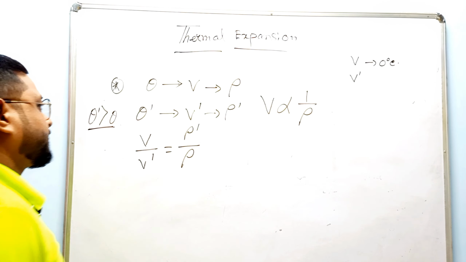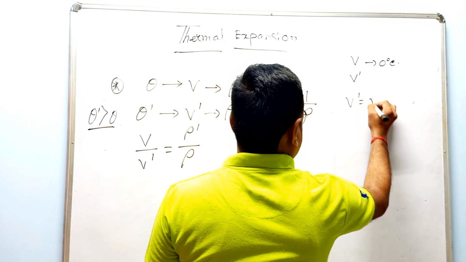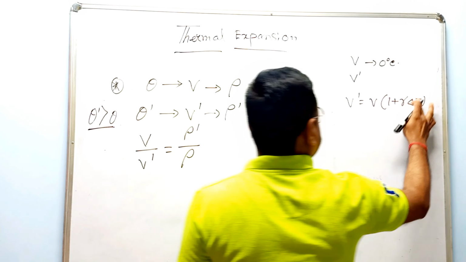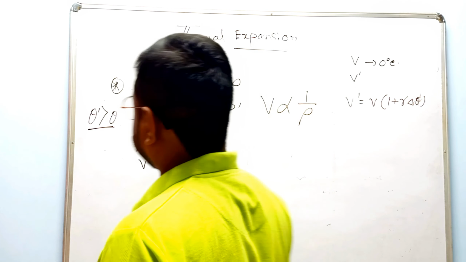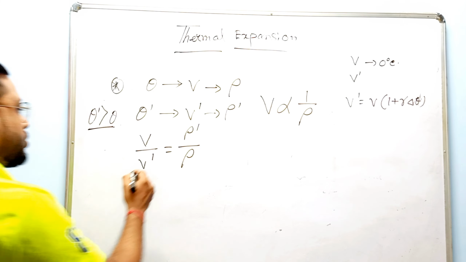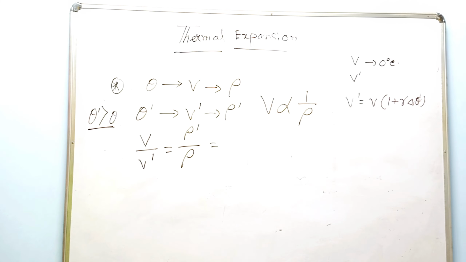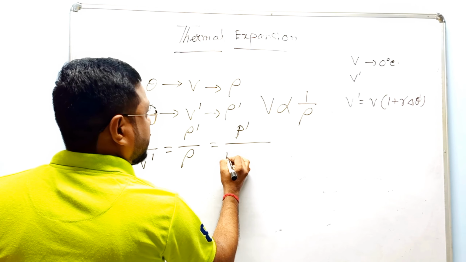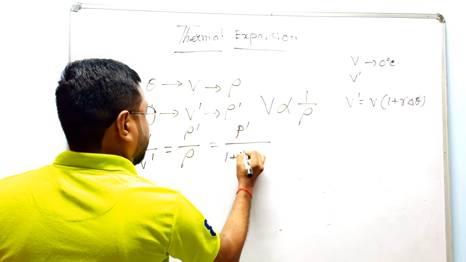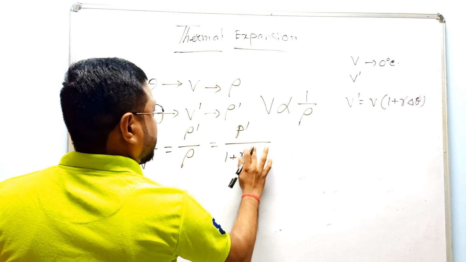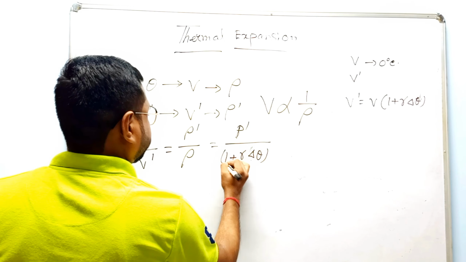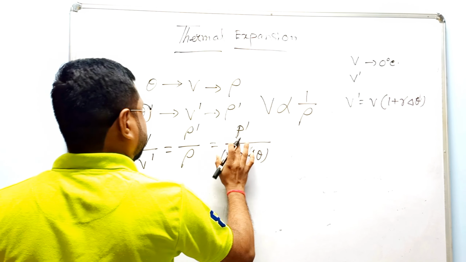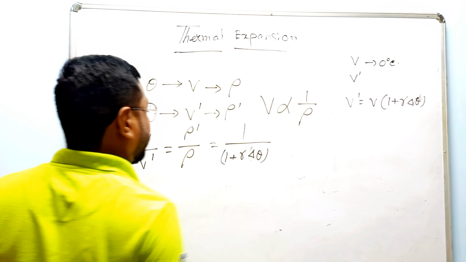Now we know that V dash equals V into (1 plus gamma delta theta), where delta theta means theta dash minus theta. So V by V dash equals 1 by (1 plus gamma delta theta), so rho dash by rho equals 1 by (1 plus gamma delta theta).